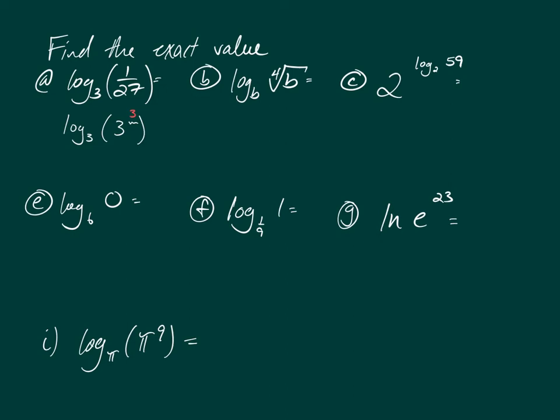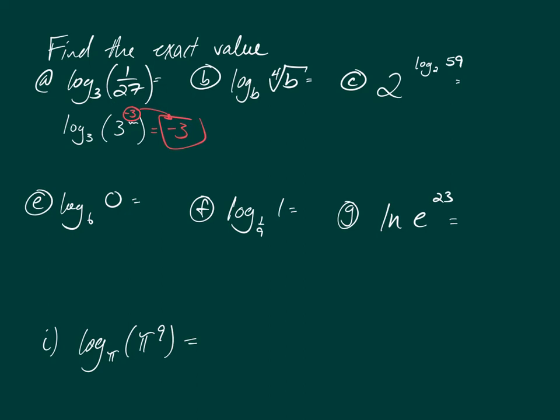So to get a number from the top of the fraction to the bottom, the exponent needs to be negative. Now, as long as we have the similar base inside the argument and the log, if they match, the answer here will just be the exponent. So the answer for part A here is negative 3.